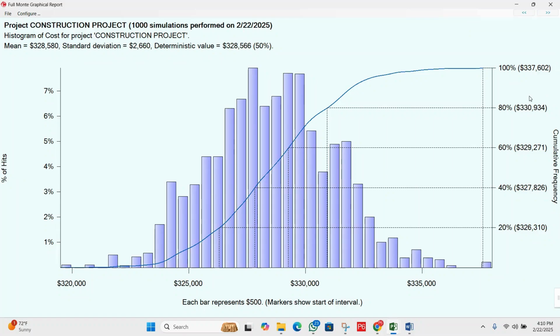The worst case scenario is $337,620, that is the 100%, meaning if things go wrong, cost could exceed the planned budget. I hope everything is clear. It was a short overview of this graphical report of the cost distribution.